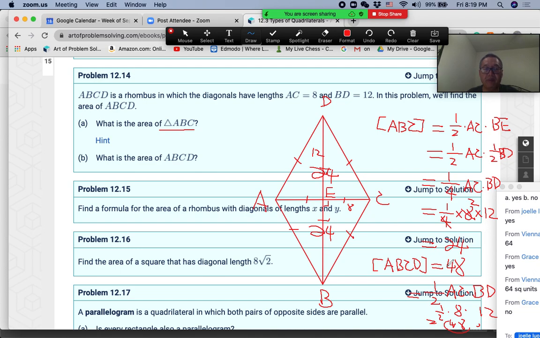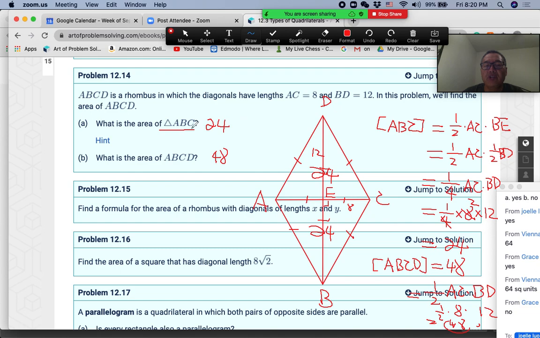So from this problem, you can get the area of triangle ABC equals 24, and the area of the rhombus equals 48. Remember later, if you meet this kind of problem, they give you the lengths of the diagonals of a rhombus.